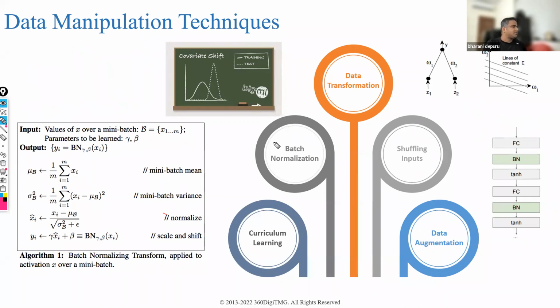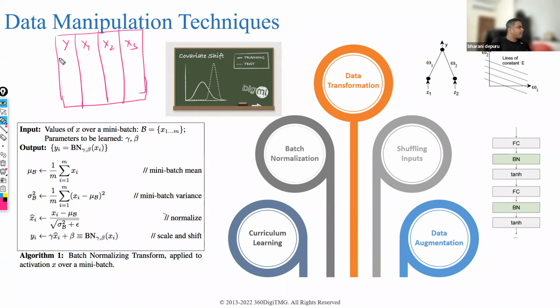Then you have something called batch normalization. What happens in batch normalization? Say you have your output variable and different input variables, and say you have 1,000 observations.